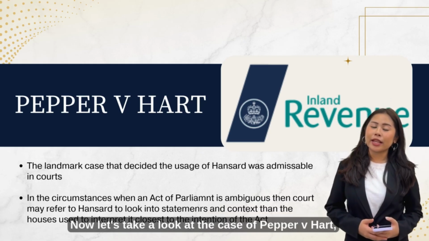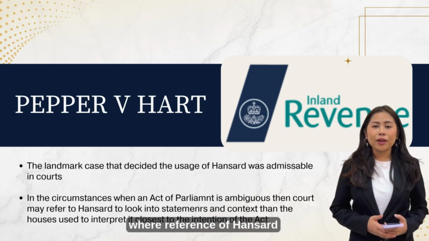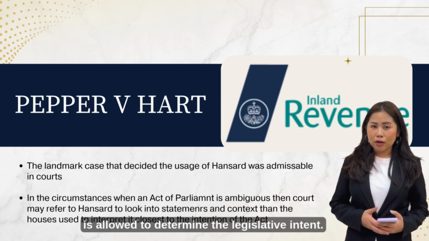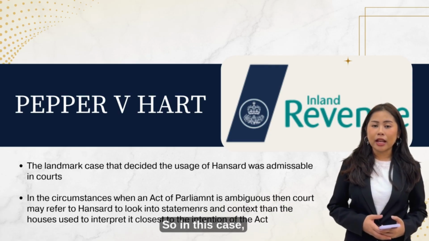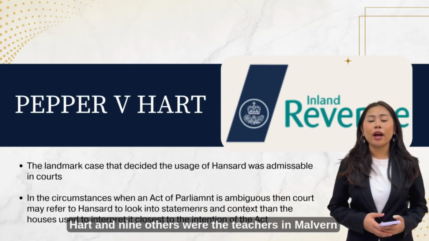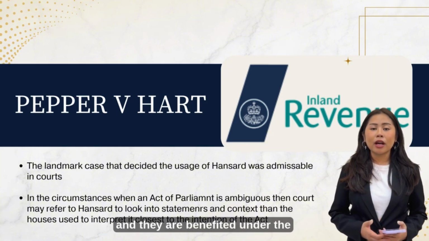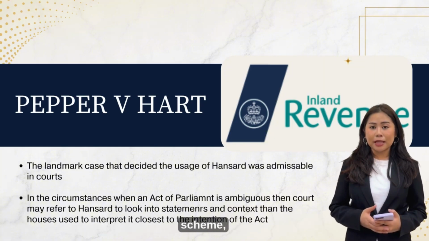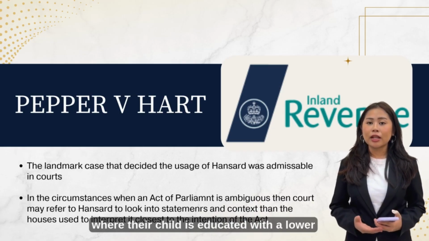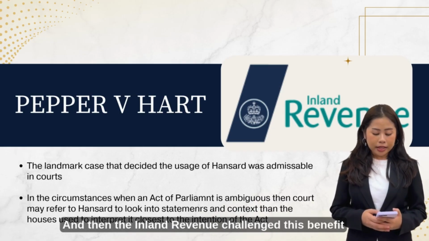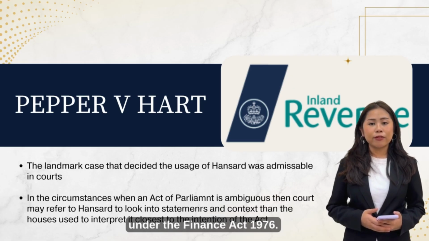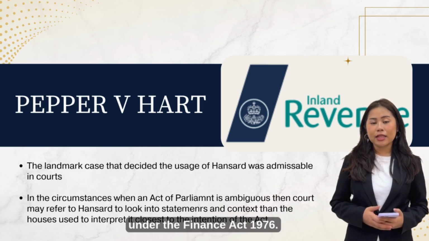Now let's take a look at the case of Pepper and Hart, where reference to Hansard is allowed to determine the legislative intent. So in this case, Hart and 9 others were teachers in Malvern College, and they benefited under the concessionary fee scheme, where their children were educated at a lower price. And then the Inland Revenue challenged this benefit under the Finance Act 1976.